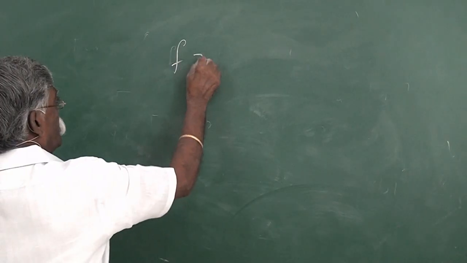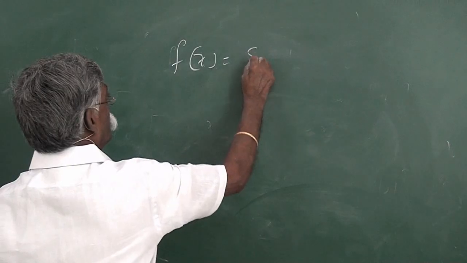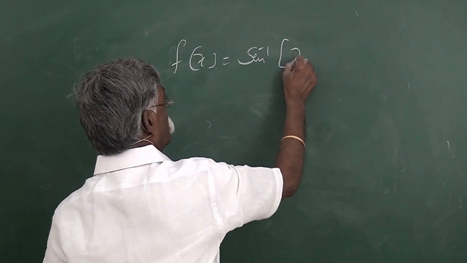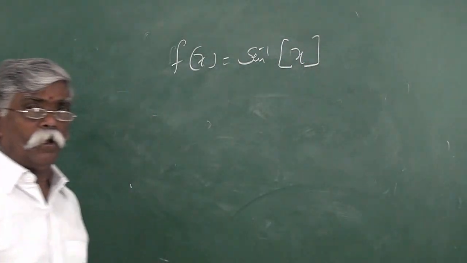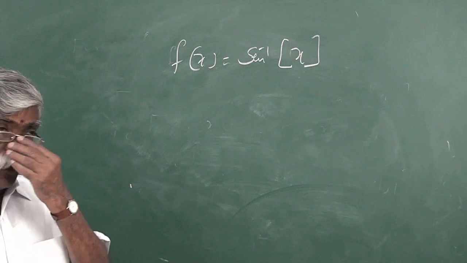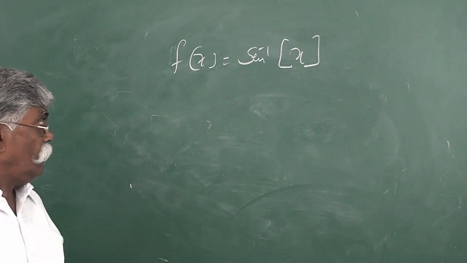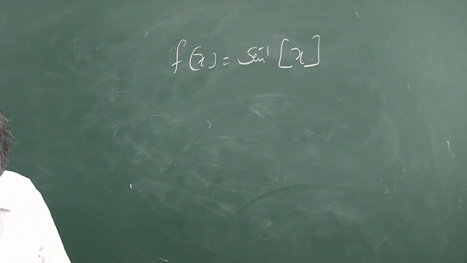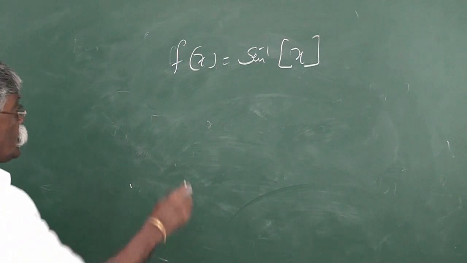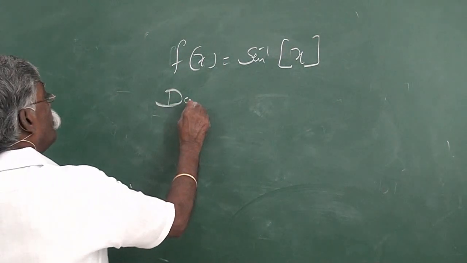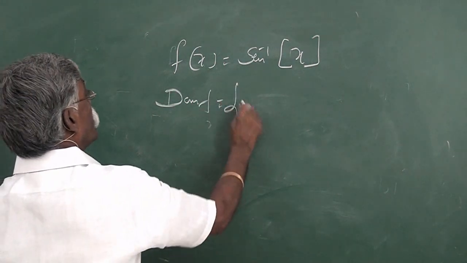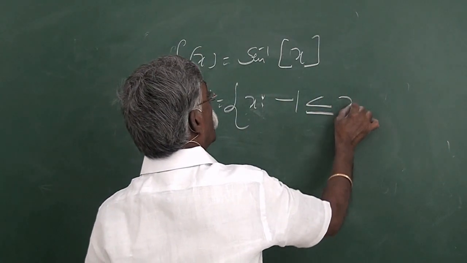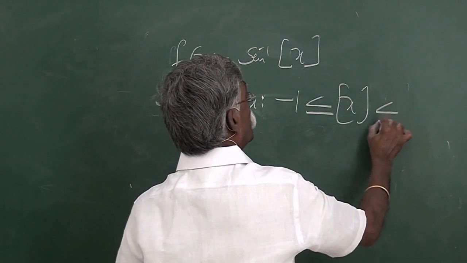Now, f of x is equal to sine inverse of step x. For sine inverse, the domain is [minus 1, 1]. So, domain of f is equal to x such that minus 1 is less than or equal to step x is less than or equal to 1.